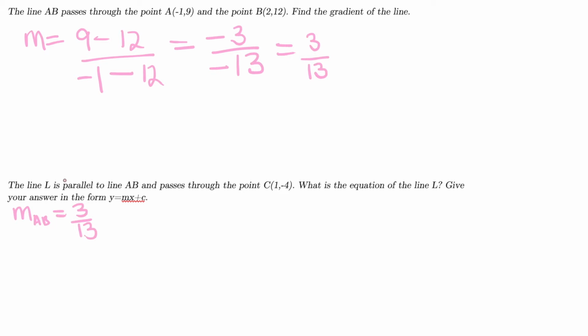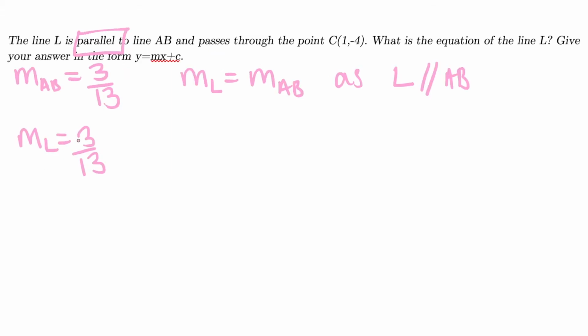The line L is parallel to the line AB, so ML equals MAB as L is parallel to AB. This is just a quick shorthand notation for parallel. So ML is also 3 over 13. So that's our gradient found.